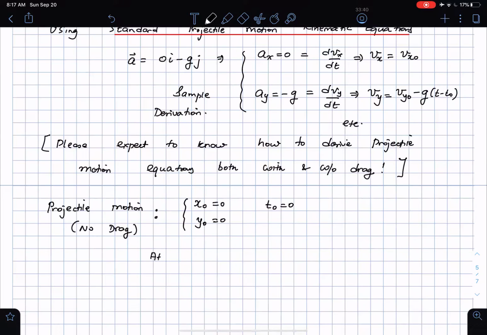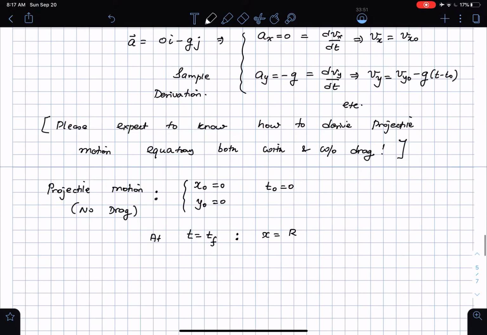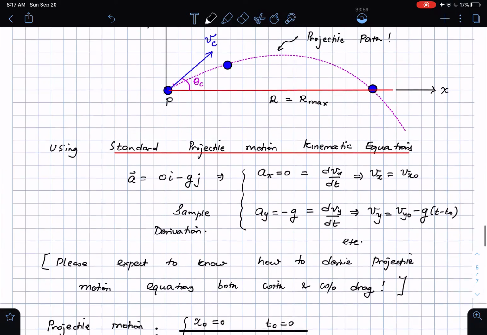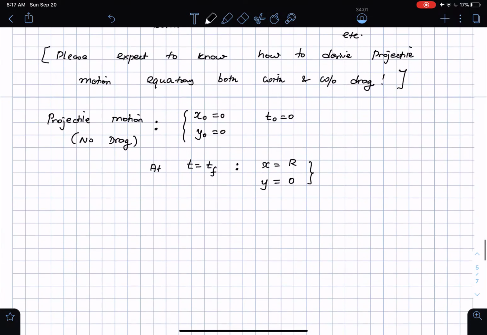So at t equal to some tf, my x value is equal to the range R, which I need to maximize, and the y value is going to go back to 0, as you know from before, because that is essentially what is going on here. This is at that particular position.